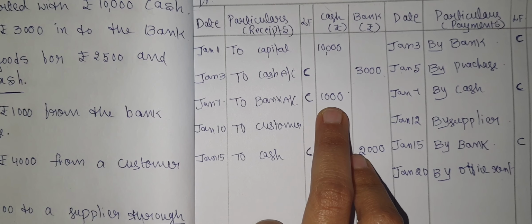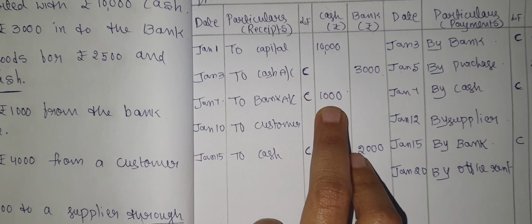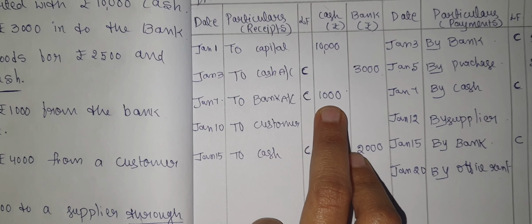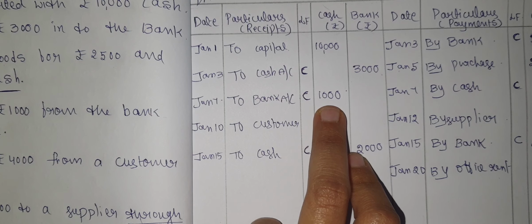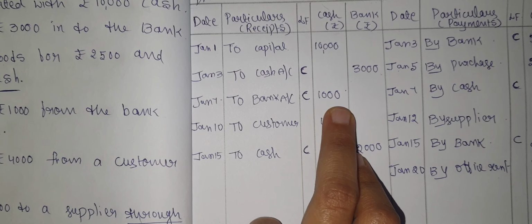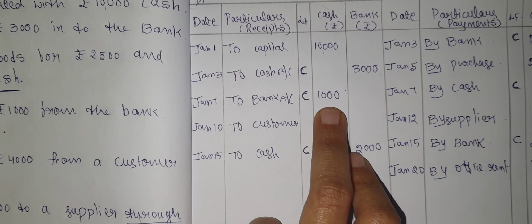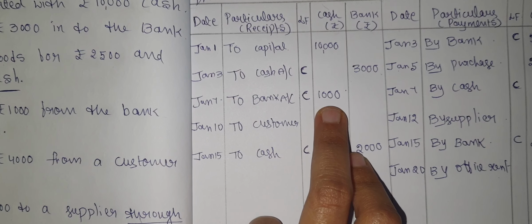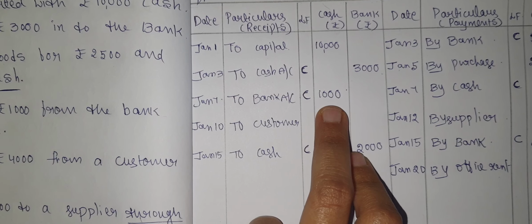And here we have to enter the amount in the cash column. Why? The debit side of the cash book records increase in cash. That's why, because we are withdrawing the amount from the bank, the cash balance of business will increase and the balance of bank will decrease.